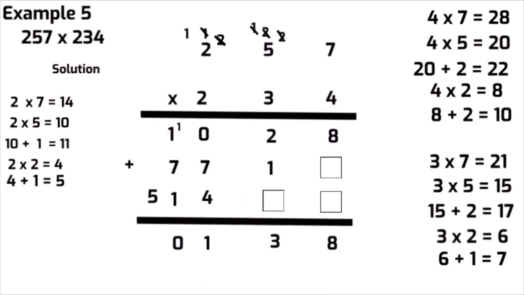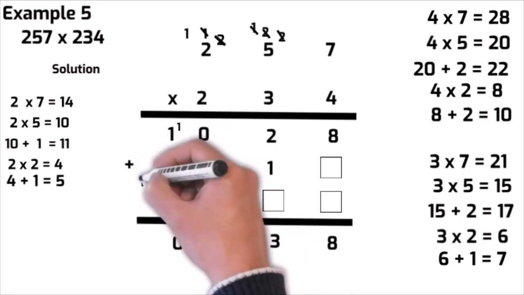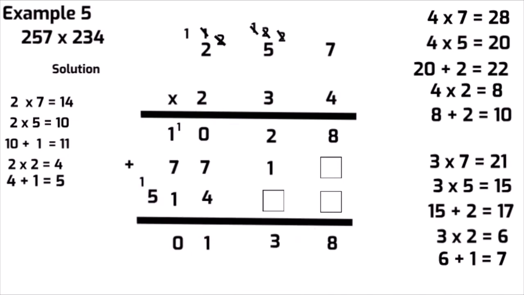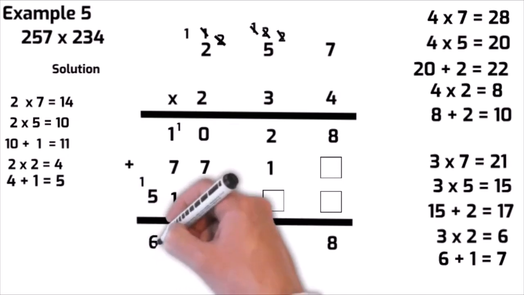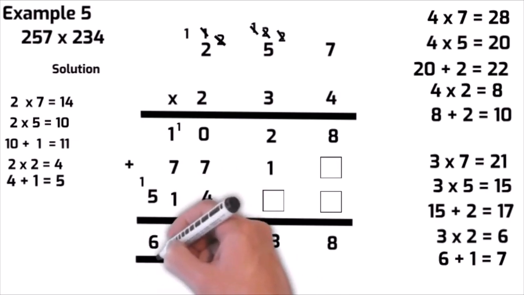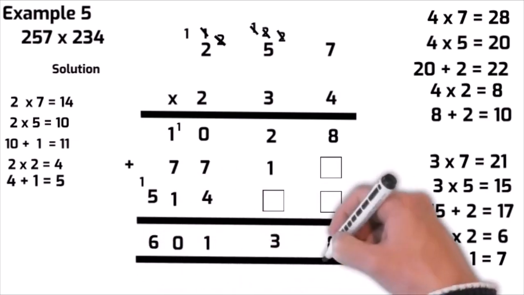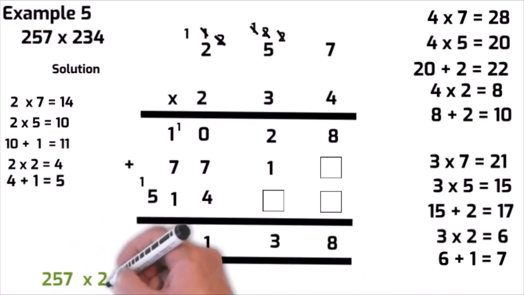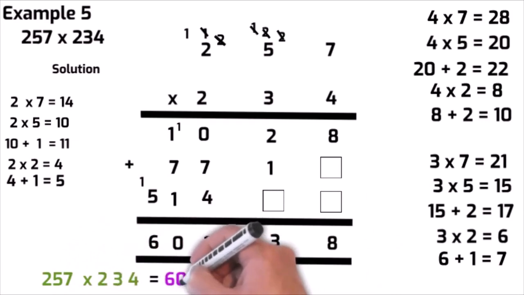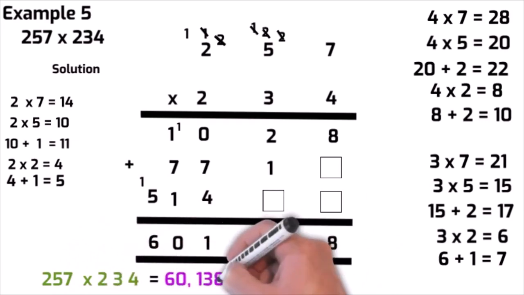So we write 0 and carry 1. Finally, 1 plus 5 gives us 6. We have our number, 60,138.